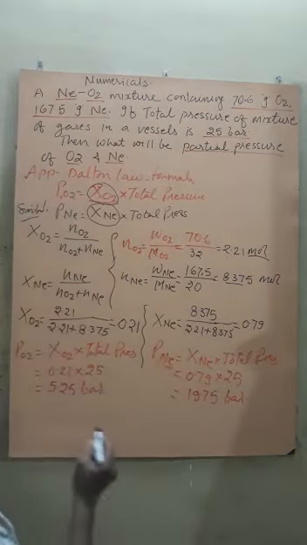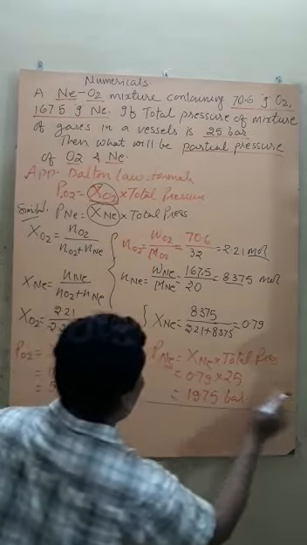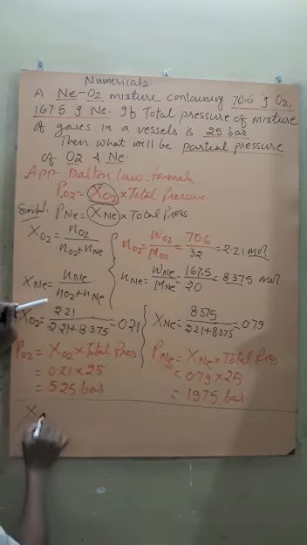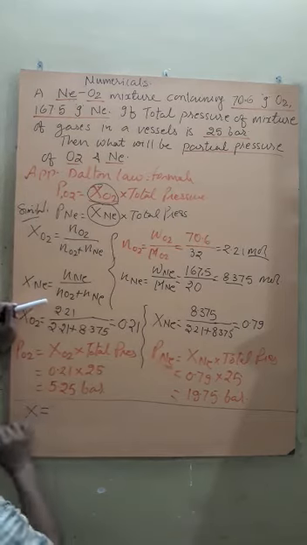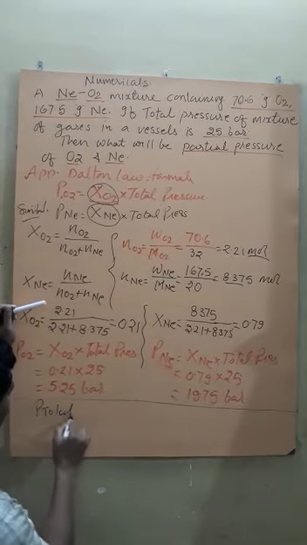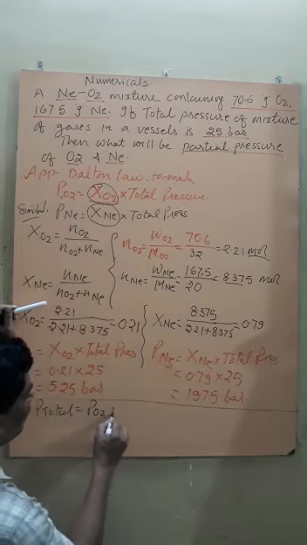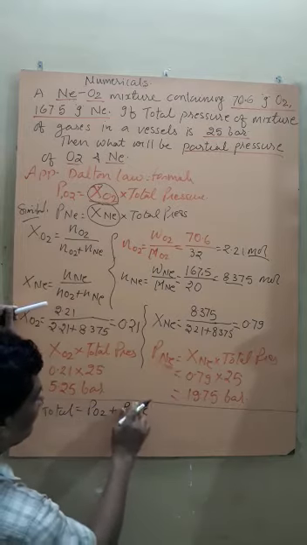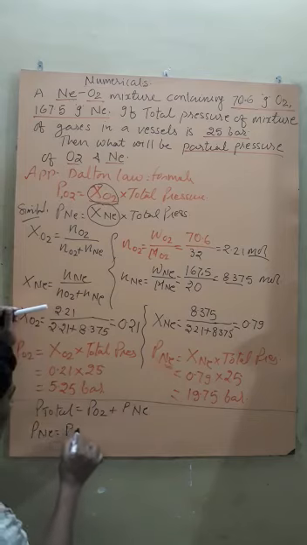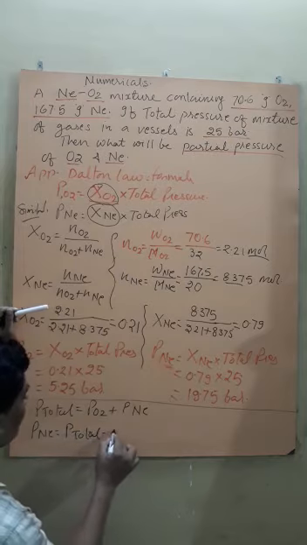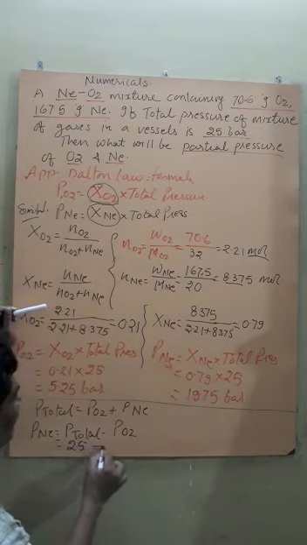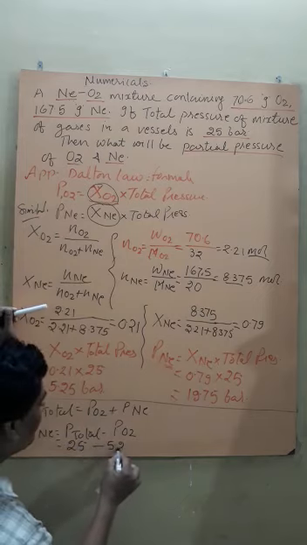Okay, student, there is even no need to solve this by this formula. You can write P total is equal to PO2 plus PNe. So if you have to find PNe, then PNe is equal to P total minus PO2. P total is 25 minus PO2, which is 5.25.